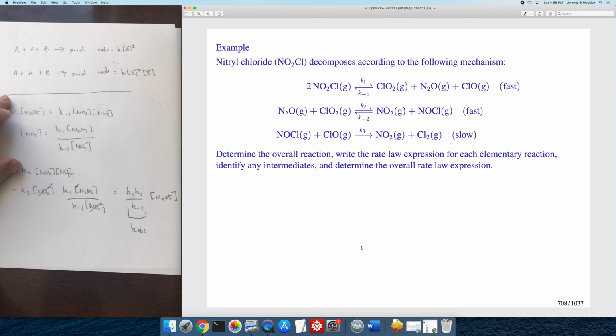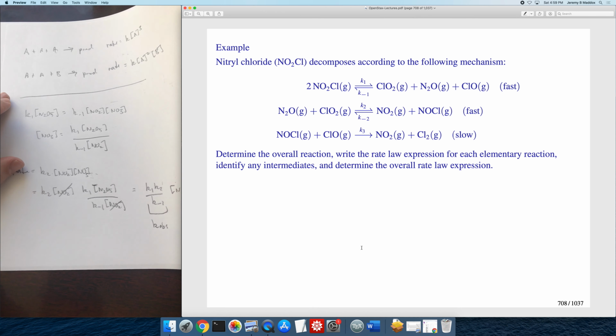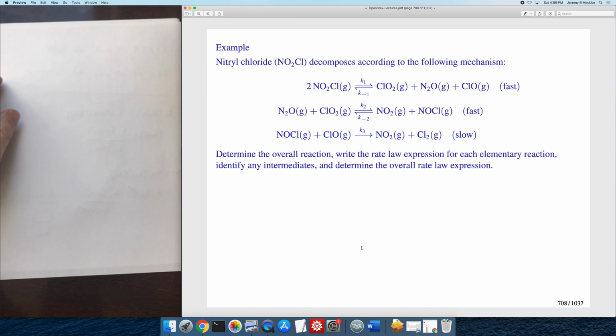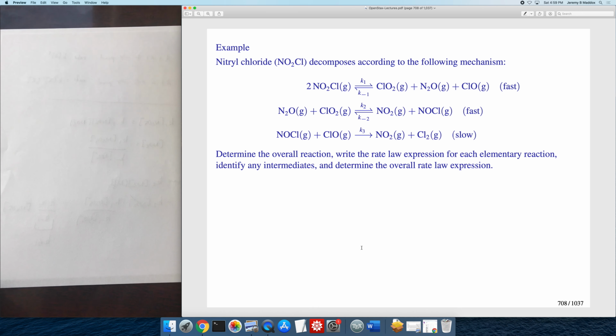So, should we put it into practice here? Let's play around with a complicated mechanism. It involves the decomposition of nitryl chloride, and we're being asked to determine the overall reaction. So what's the stoichiometric reaction?